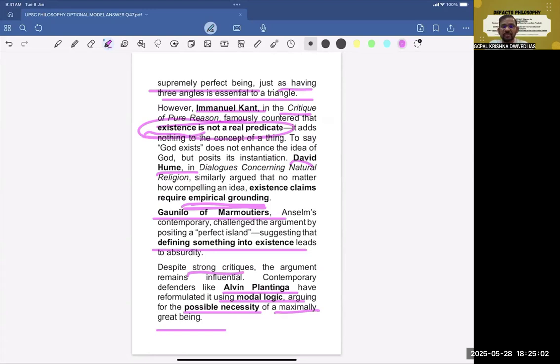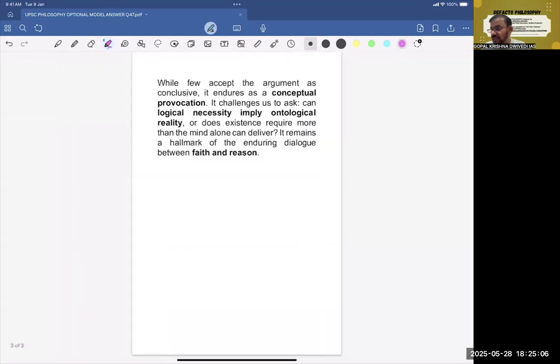That is Plantinga's view, using modal logic. While few accept the argument as conclusive, it endures as a conceptual provocation. It is definitely a thought-provoking argument. It challenges us to ask: can logical necessity imply ontological reality?